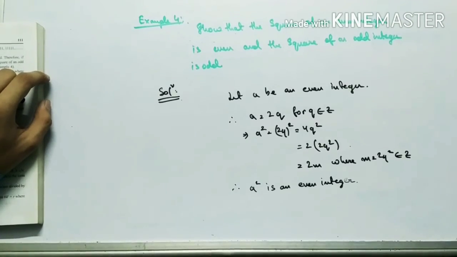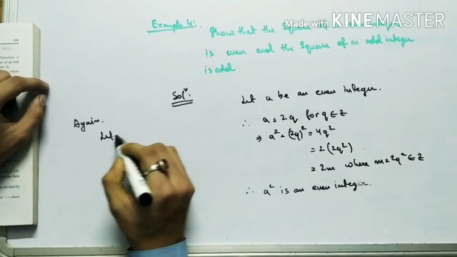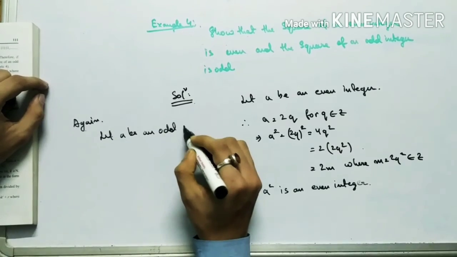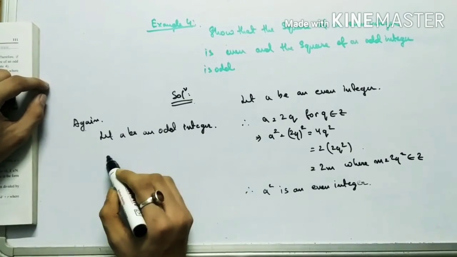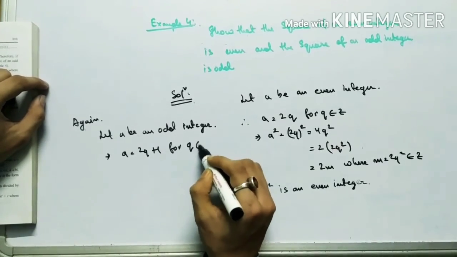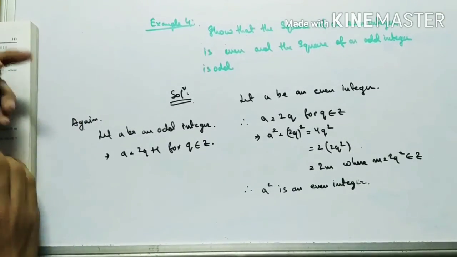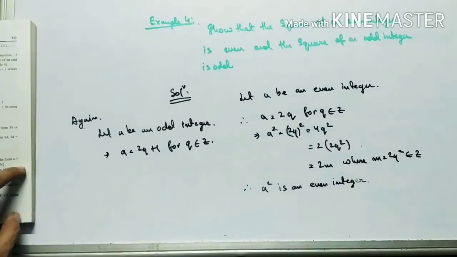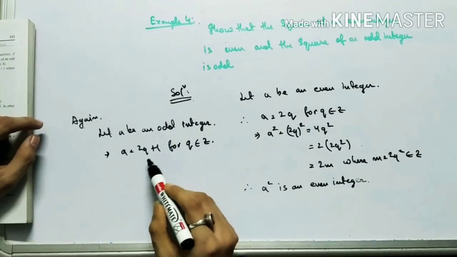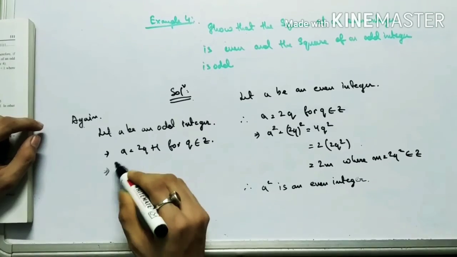Next, again let a be an odd integer. So I know how odd integers look like: a is equal to 2q plus 1 for q belongs to Z. Since a is an odd integer, I have taken a is equal to 2q plus 1 for q belongs to Z. Now I will do the square.